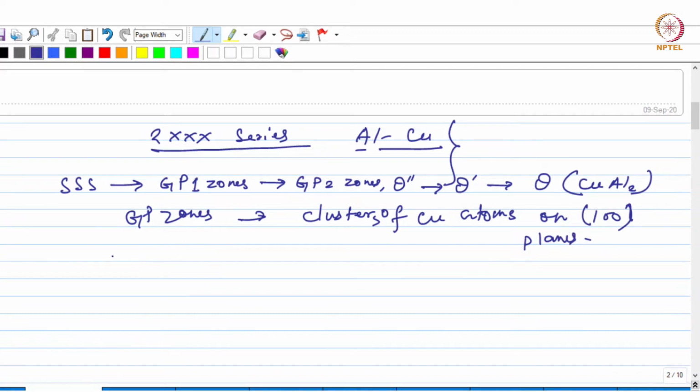And if you talk about the size of these GP1 zones, the thickness is about a few interatomic distances.